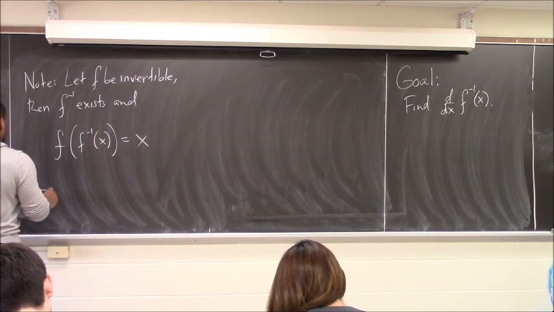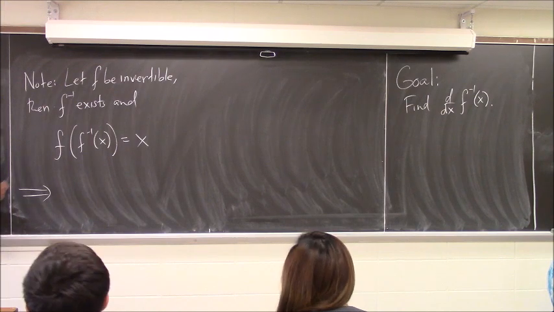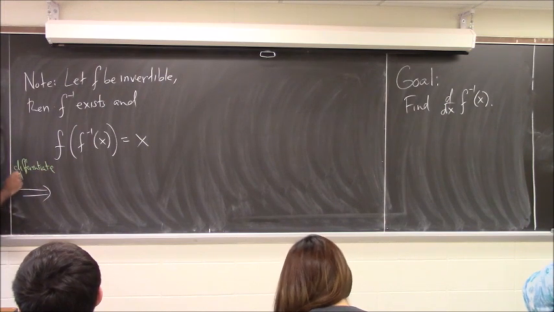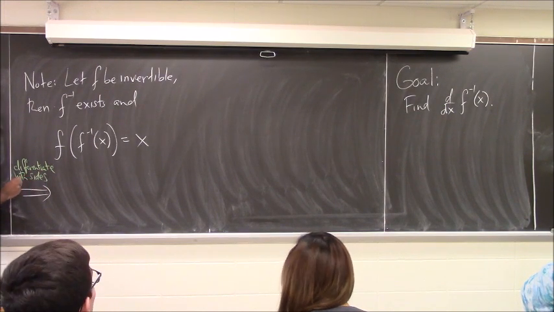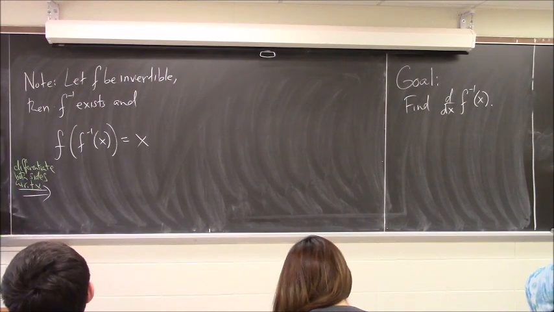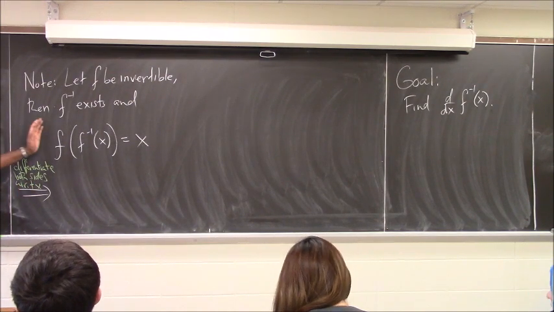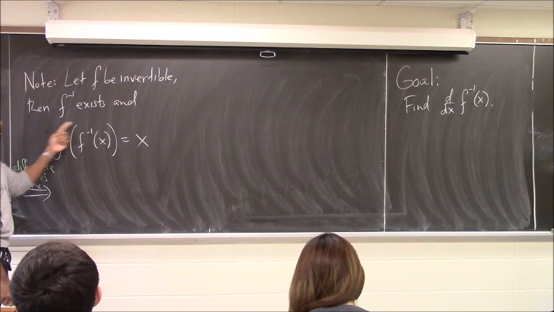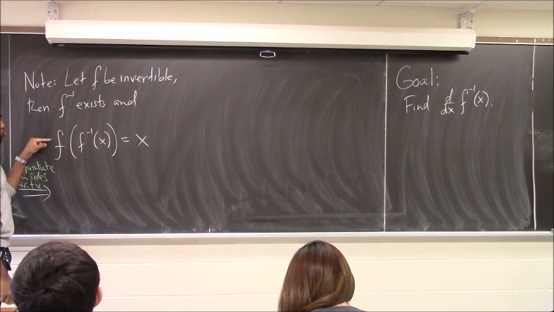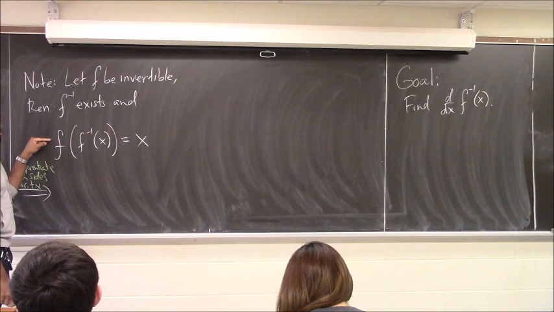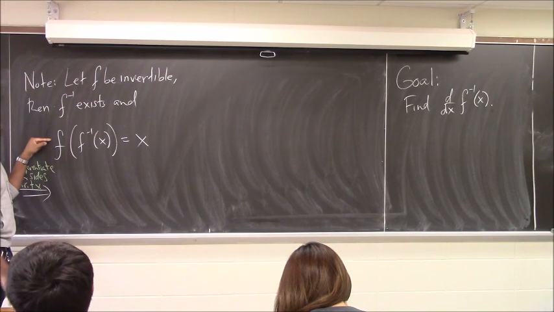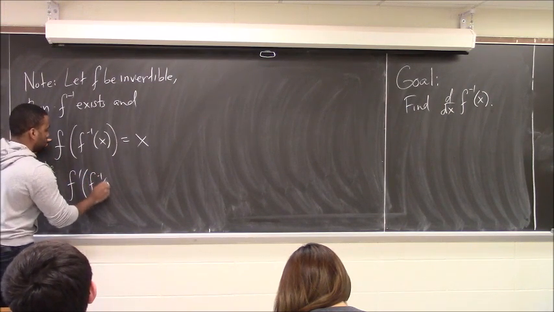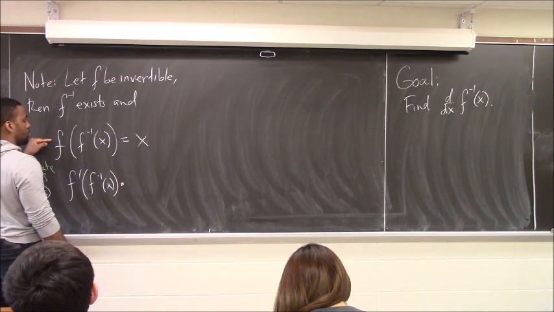Now what I'm going to do here is we want to differentiate both sides with respect to x. Now what would that look like? What does the derivative of this side here look like? Yeah? f prime of f inverse of x times d/dx of f inverse of x.